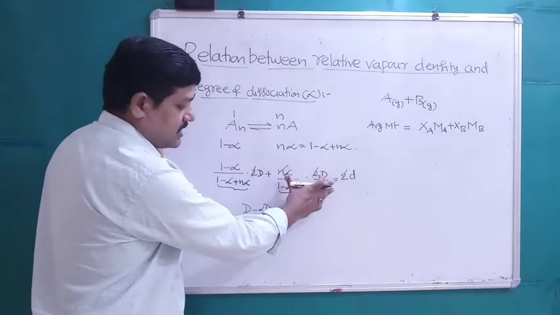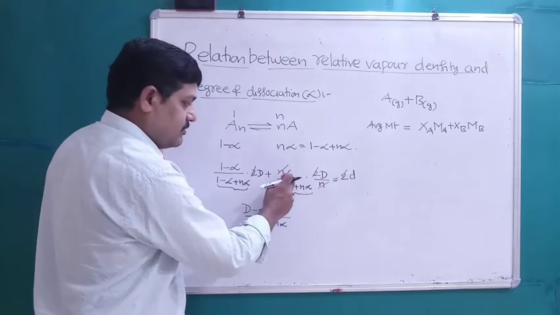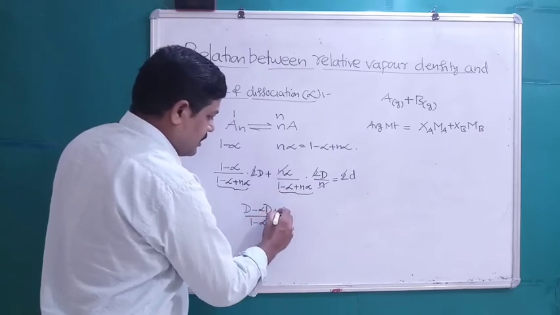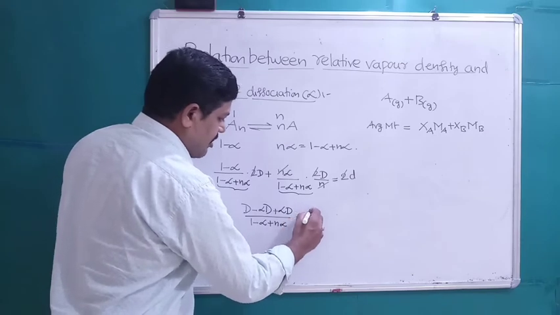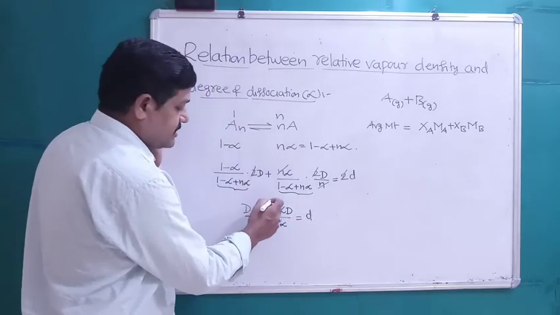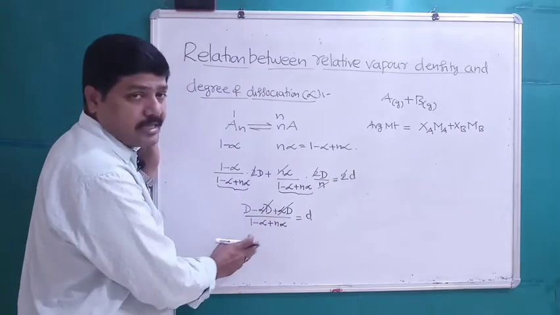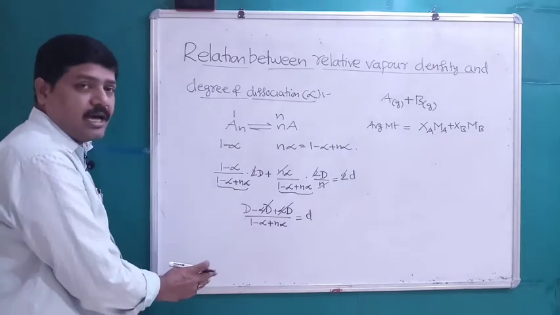Then in this fraction, the LCM is 1 minus alpha plus n alpha. So here we will get alpha into D, right? So plus alpha into D is equal to small d, minus alpha D plus alpha D will get cancelled.